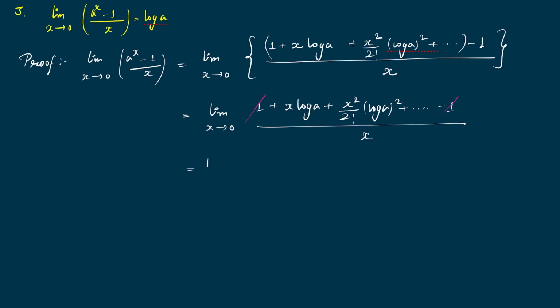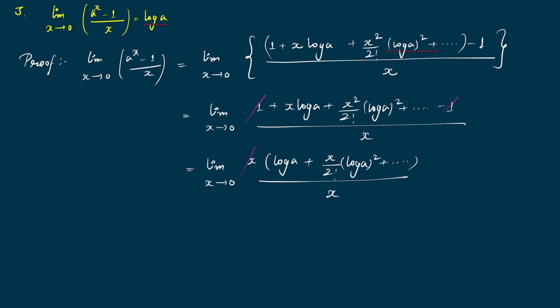So we remain with limit x tends to 0. If you notice the numerator, we can see x in each and every term, so we take x common. We remain with log a plus x by 2 factorial (log a) squared plus up to infinity, whole divided by x.